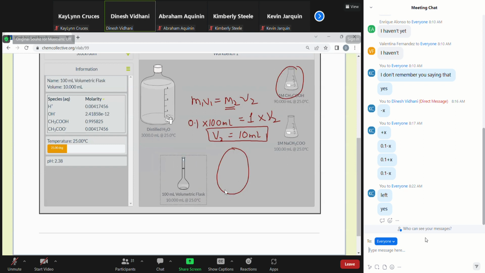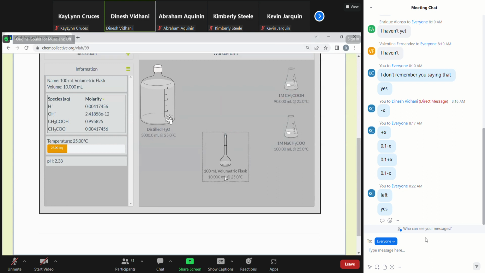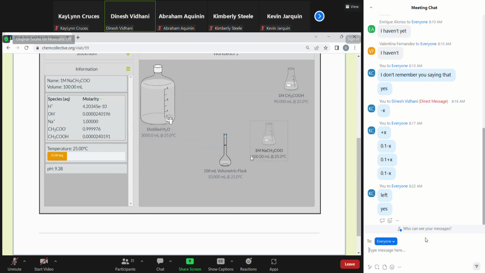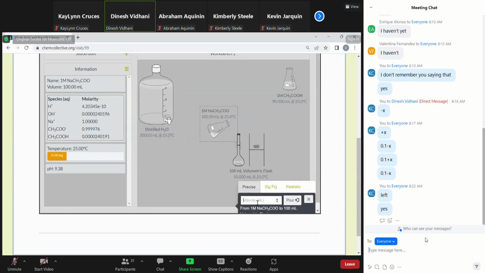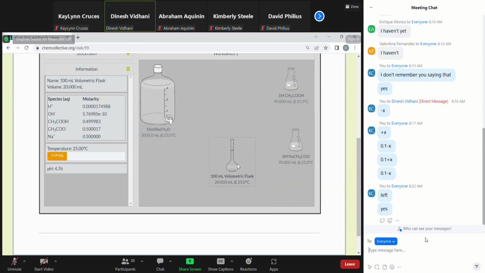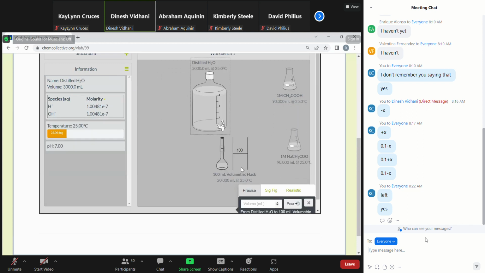Let me clear up this thing. Okay. So now I have 0.1 molar acetic acid. I'm going to add the same amount of acetate, because it's the same thing. And now I dilute it to 100 ml.